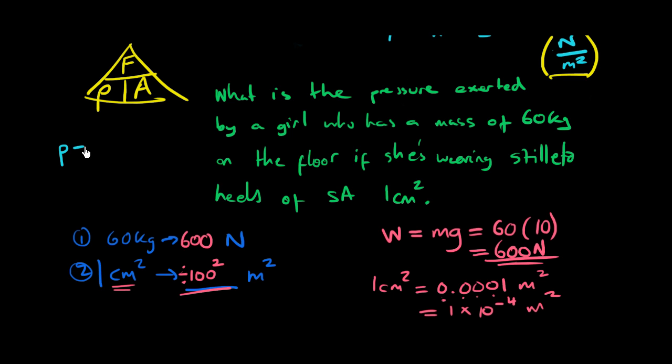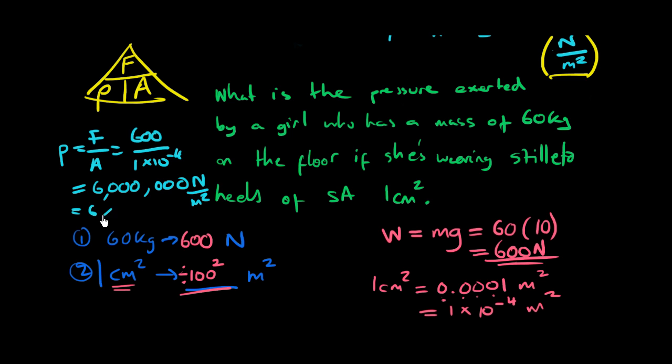So pressure is equal to force over area, which is 600 divided by 1 times 10 to the minus 4, or just 0.0001, and that comes out to a pretty big number, 6 with 6 zeros, so it's 6,000,000 newtons per meter squared, or pascals, and that is the same thing as 6 times 10 to the 6 pascals. 6 million pascals.